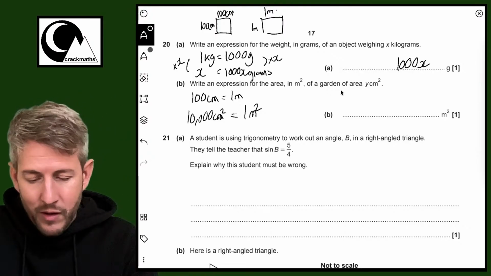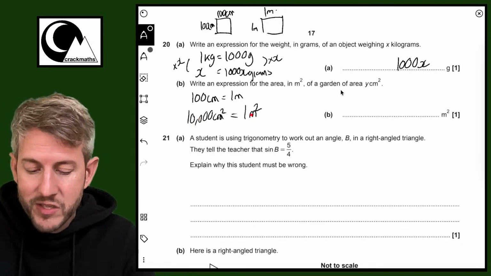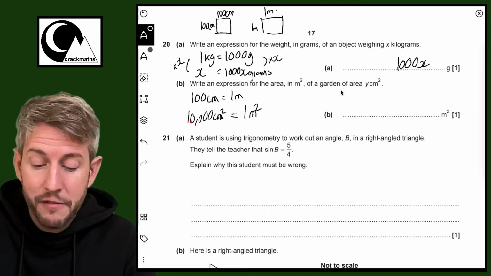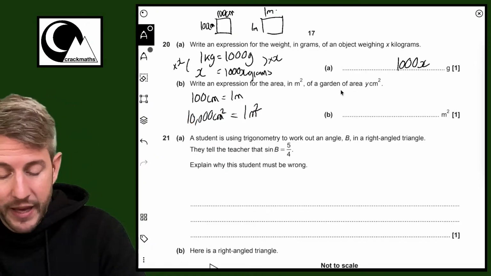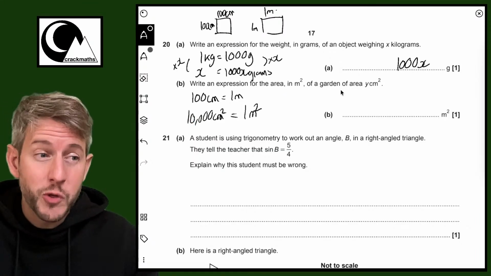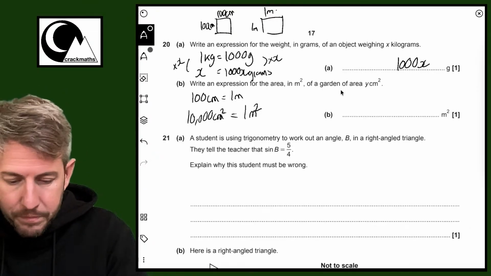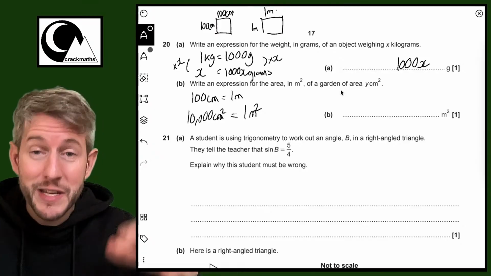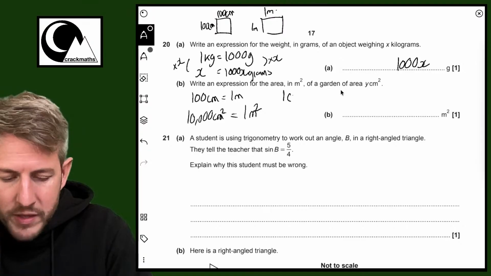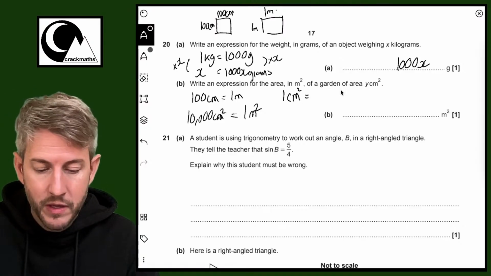Okay, so this is worth 1 mark. So we now know that 1 meter squared equals 10,000 centimeters squared. So what we need to do is write centimeters squared in terms of meters squared. So essentially, we want to find out what 1 centimeter squared is in terms of meters.